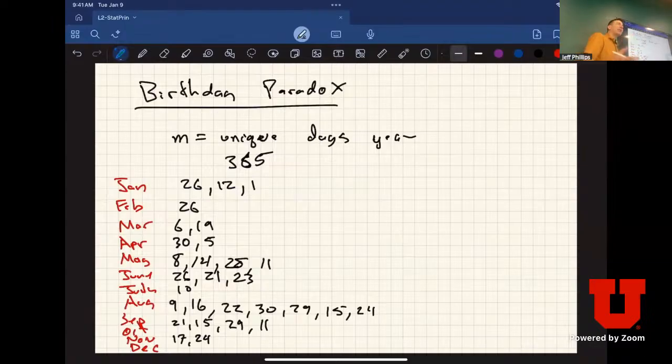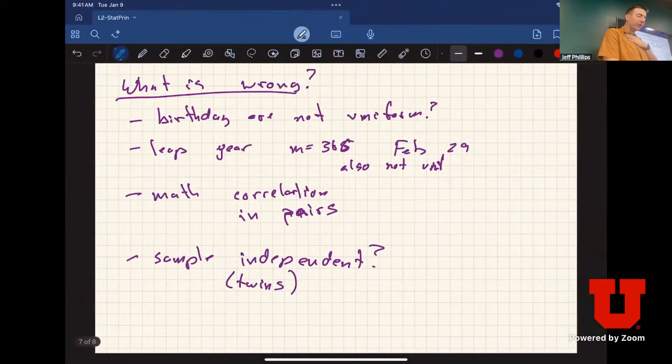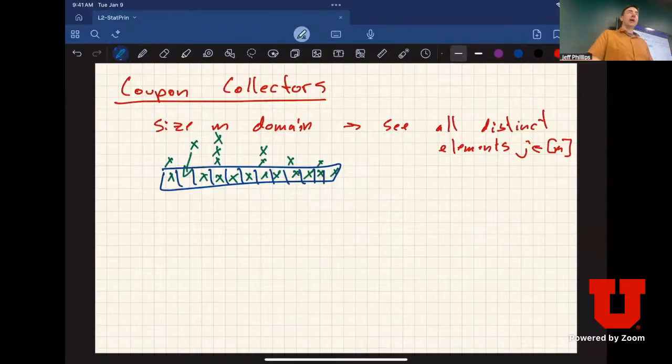They're not exactly equal probability. February has fewer days than other months, and 30, 31. But we didn't hit October or December here. How many trials do we need to do before we expect to see all of them?